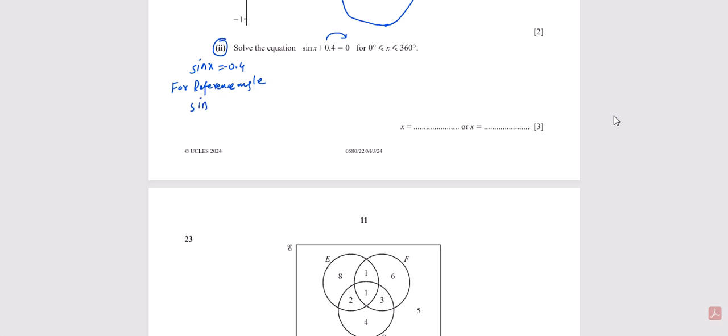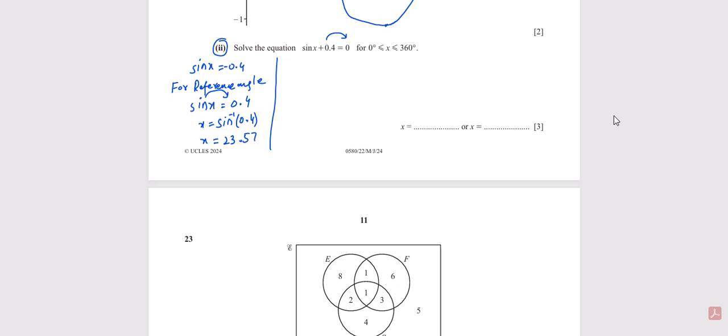So sine x is equal to 0.4. Shifting sine to the other side, it will be inverse. So sine inverse 0.4. Calculate these values, we get x is equal to 23.57.